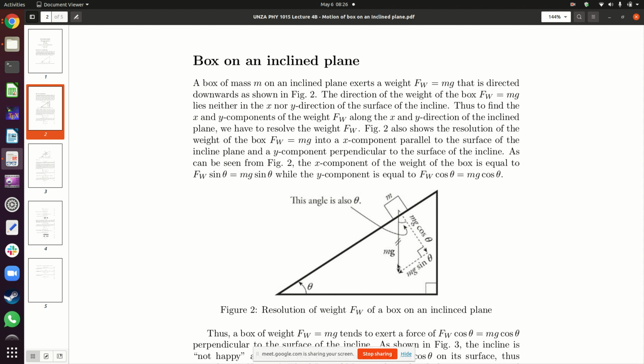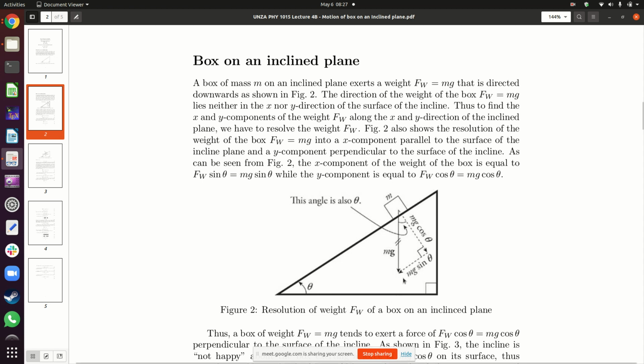However, a fraction of this weight lies along the x-axis, and a small amount of this weight lies along the y-axis. The amount of the weight which lies along the x-axis is what we call the x component of the weight, and the amount which lies along the y-axis is what we call the y component of the weight.